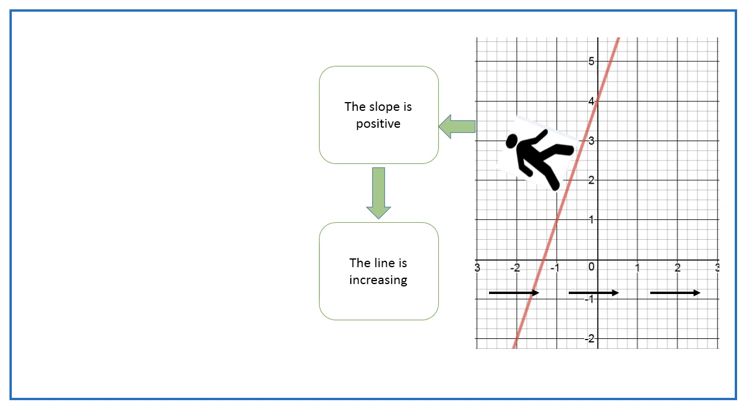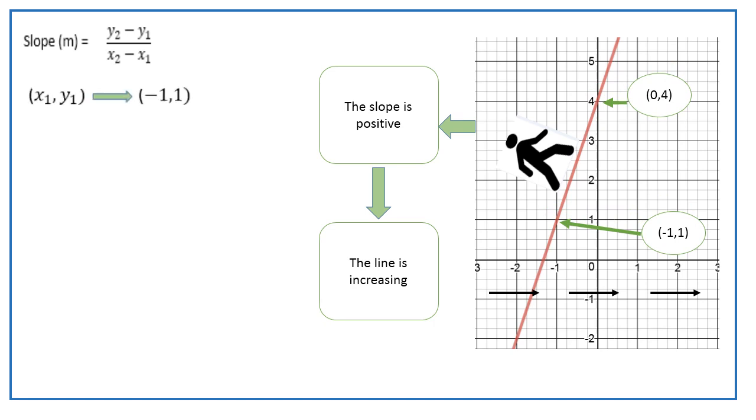Let's start by calculating the slope, which is equal to y2 minus y1 over x2 minus x1. We can choose any 2 points on the line. For example, the first point x1, y1 equals (-1, 1), and the second point x2, y2 equals (0, 4). We can substitute in the equation, then the slope equals 4 minus 1 over 0 minus (-1).